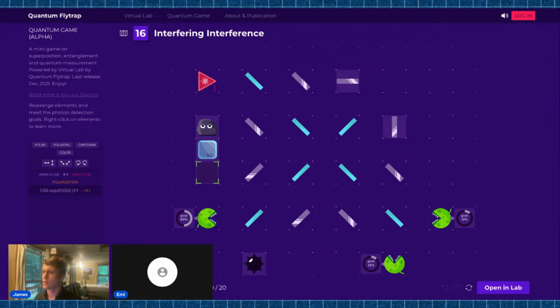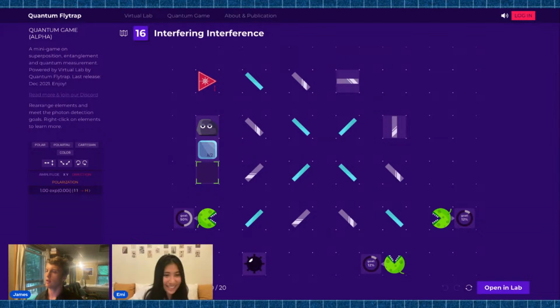And then I believe it would continue on to the right. It would be split again, up and to the right. Then from there, the photons would bounce back to left and down.